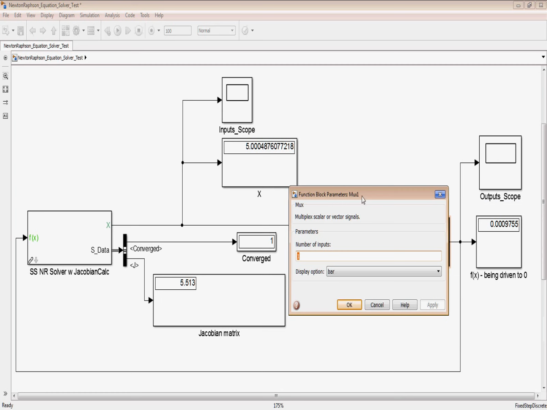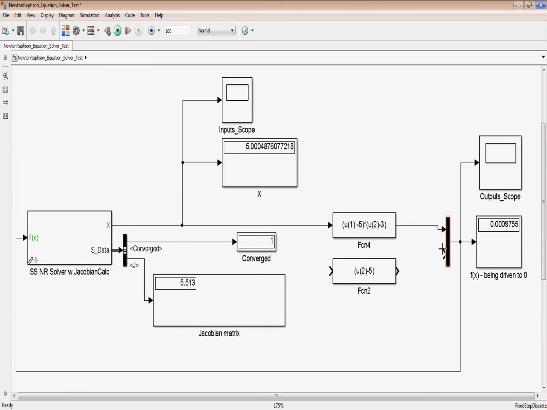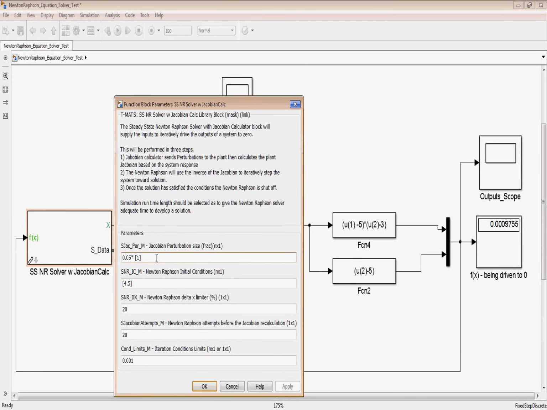Another nice feature is that you can just mux the inputs together and it'll figure out what it needs to do. You do, however, need to change your Jacobian perturbation size, which we'll just keep the same, but add another one. So 1, 1.